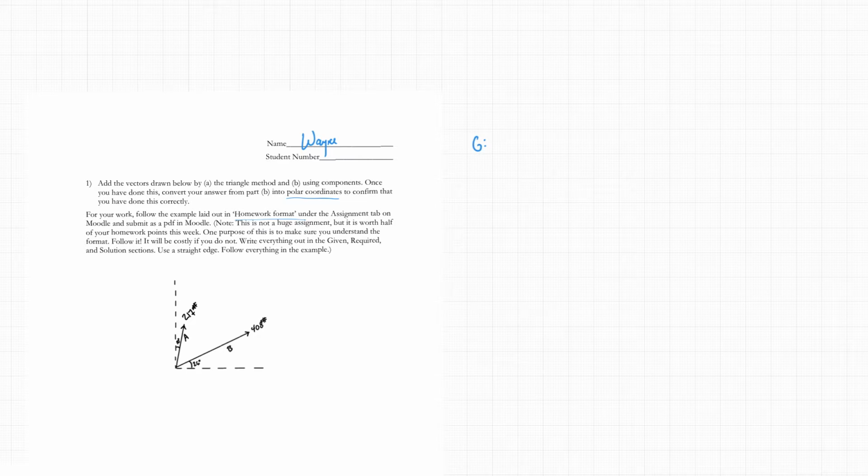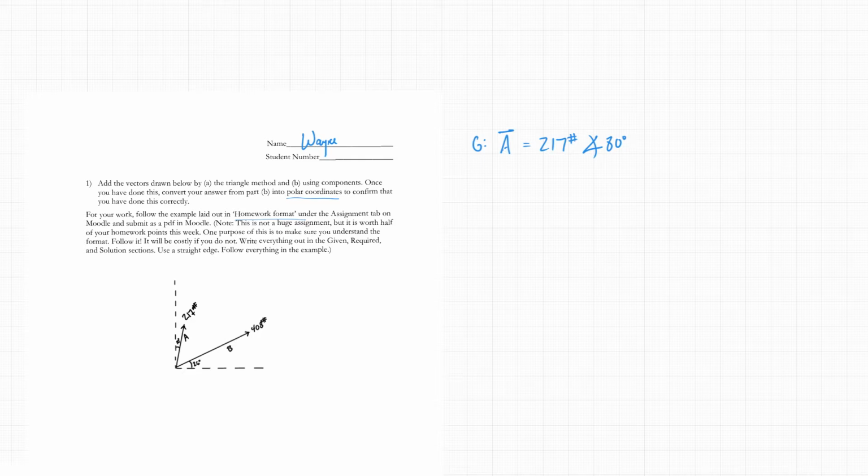You can write this out in two ways. You could either write A and then how you would define that, like the magnitude of A is... Actually, the way I would typically do this is I would write A equals 217 pounds at an angle of, well, looks like it's 80 degrees from the horizontal.